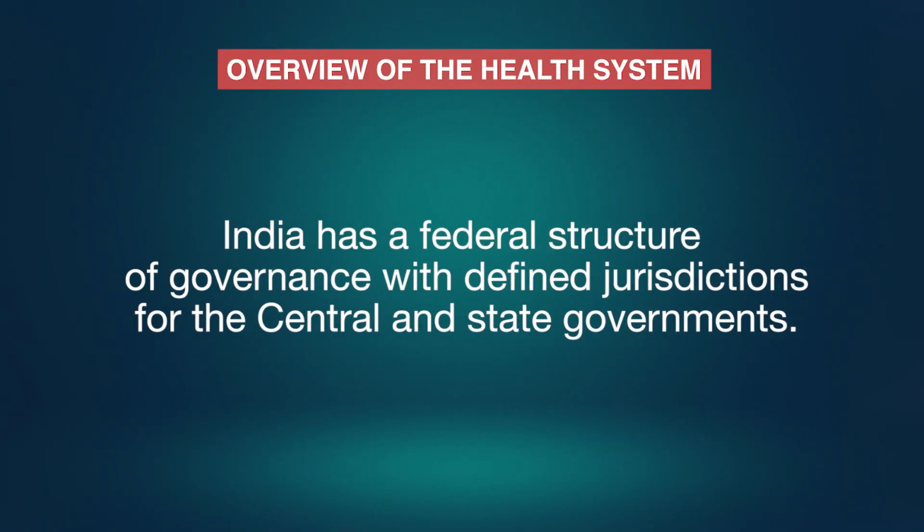Let us now try to understand the organization of healthcare governance in the country. We already know that India has adopted a federal structure of governance with clearly defined jurisdiction of the central and the state governments.